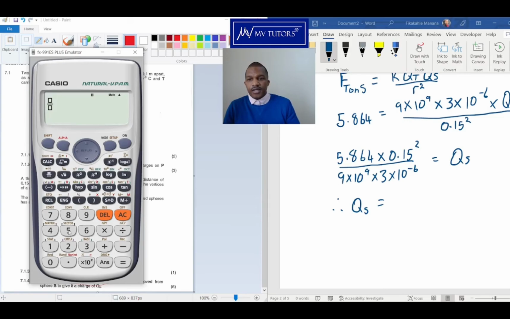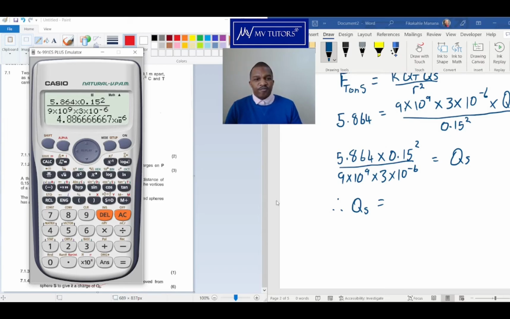fraction, let's go 5.864 times 0.15 squared, and then I'll come downstairs. I have 9 times 10 to the power of 9, come downstairs, times 3 times 10 to the power, put a negative 6 there.